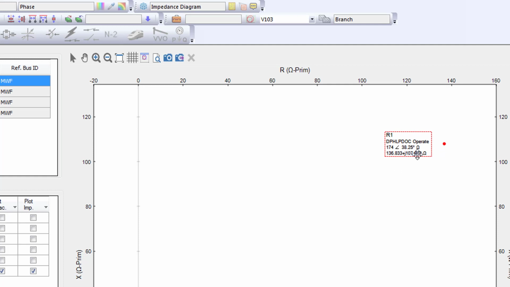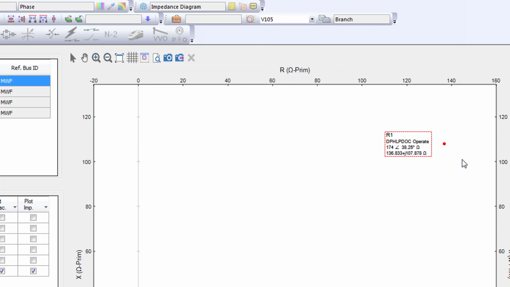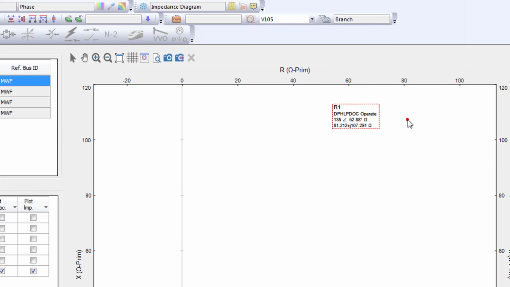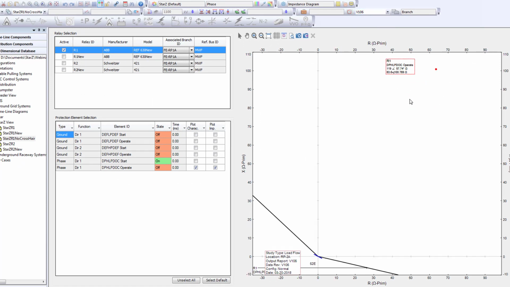It stays in the forward direction, but is not tripping in this case, meaning that the current is less than the pickup current. Now if I go to 105, probably the current is still less than the pickup value and it's not tripping. Now if I go to 106, meaning 6% overvoltage on the system, it is still the same case.